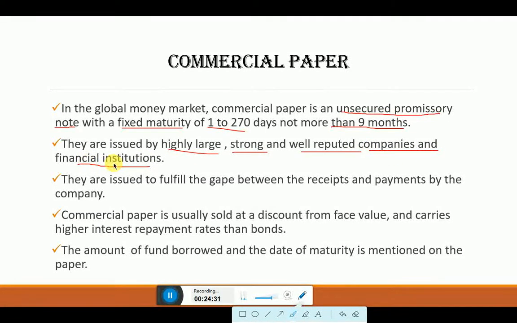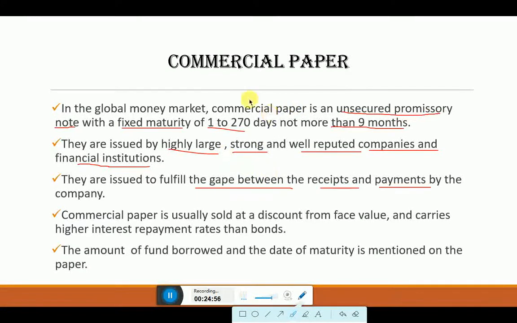Why are they issued? They are issued to fill the gap between receipts and payments of the company. For example, their receipts are less than their payments, so they do not make payment. Instead of paying cash, they issue commercial paper.